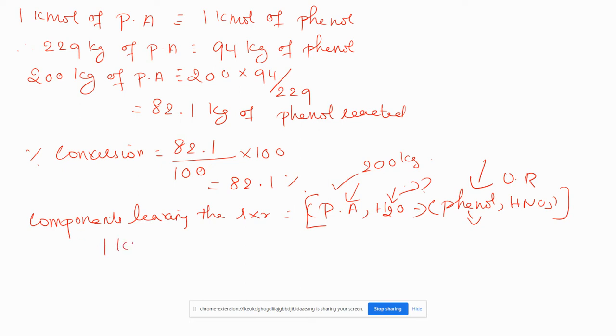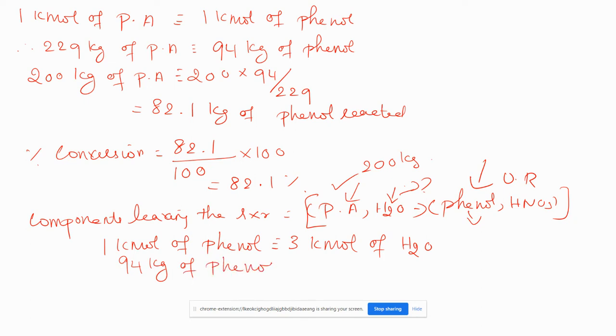So 1 kilomole of phenol is equivalent to 3 kilomole of water. Always reactants to products. Okay, this is the limiting reactant, right? So we are writing the relationship between limiting reactant and products. So as per the relationship per molecular weight, 94 kg of phenol is equivalent to 54 kgs of water.